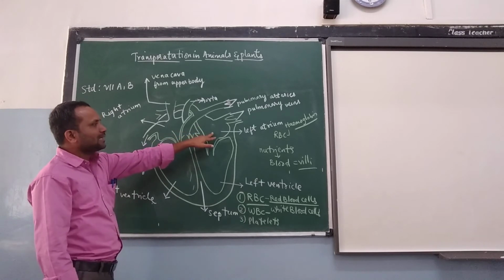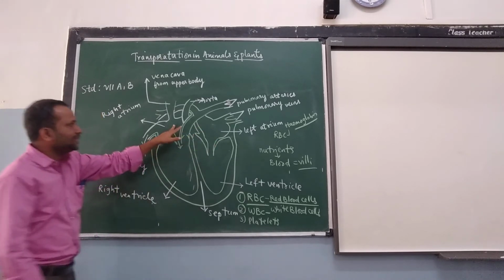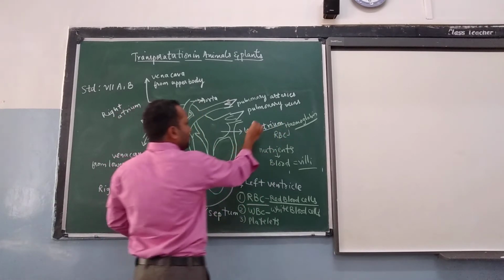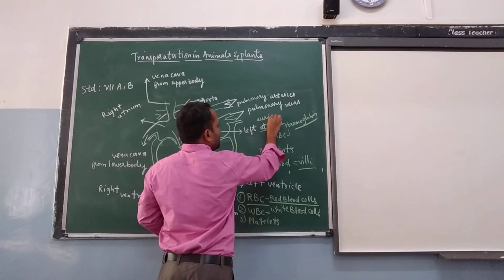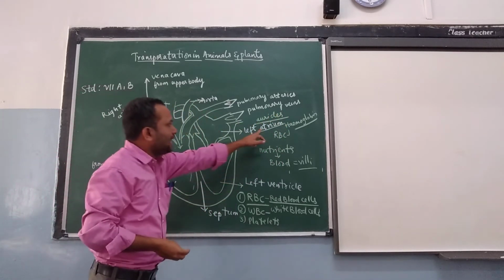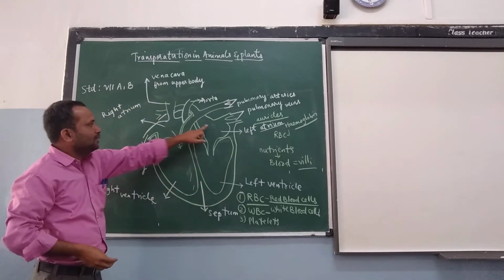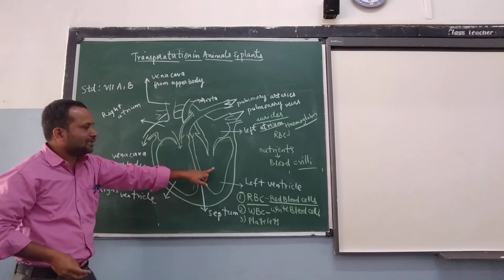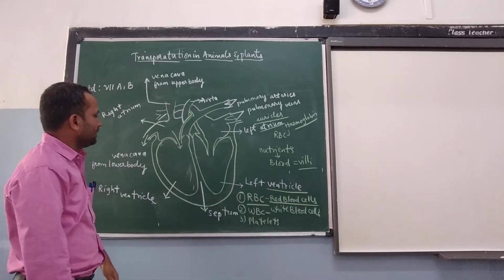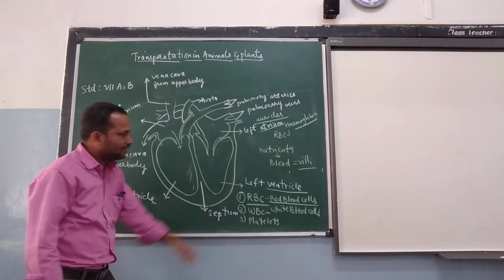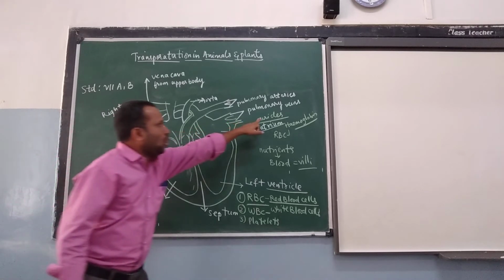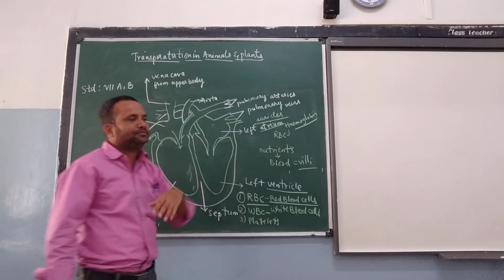The top chambers are called atrium, or we can also call them auricles. The bottom chambers are called ventricles.